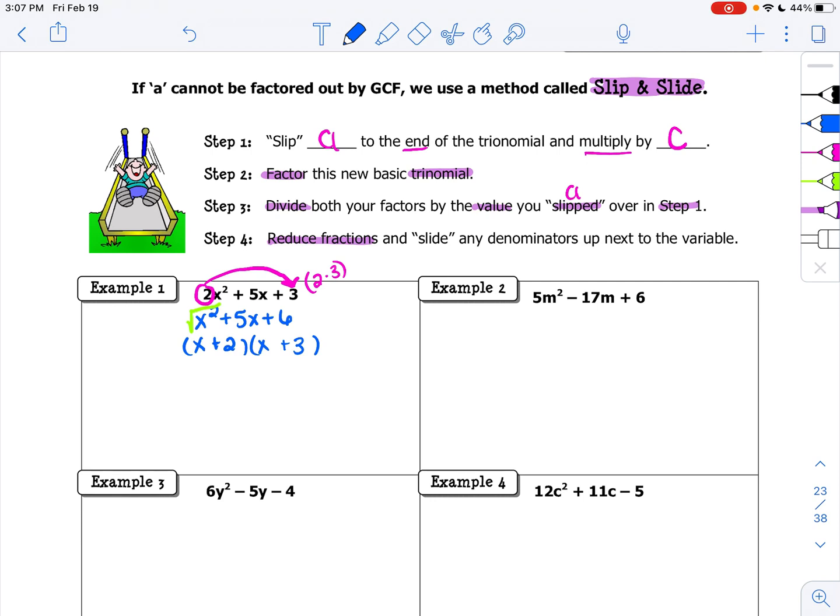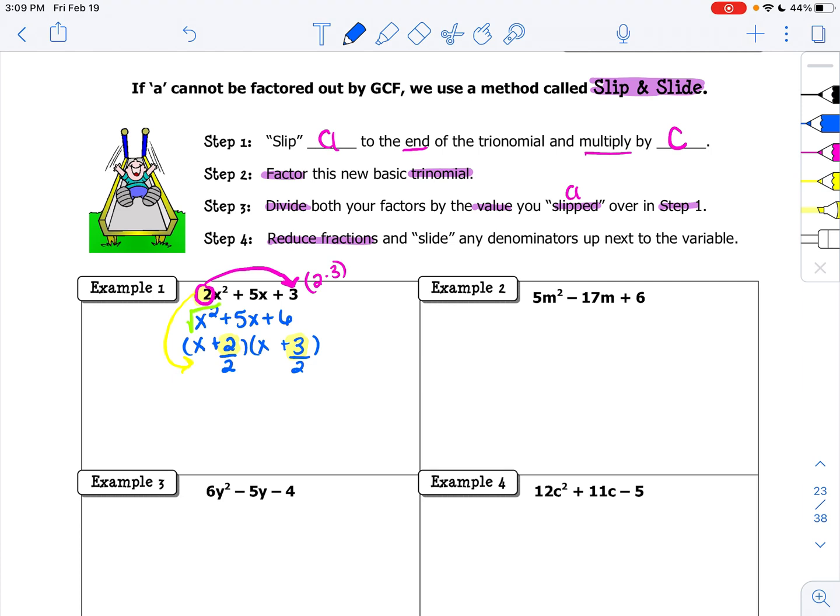Step 3. We're going to divide both factors by the value a that we slipped. So the factors are the 2 and the 3. And we're going to divide both of them by this a value. So we're going to bring that a value down and divide both factors by 2.